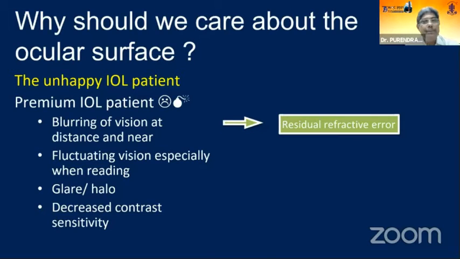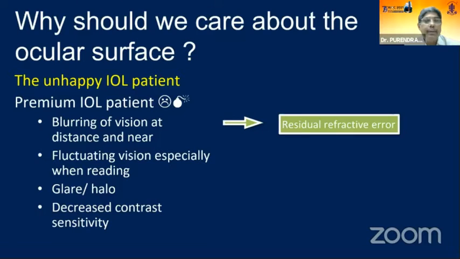And more so, the patients are unhappy because when they are spending more, they expect more. They don't want to have problems post-cataract surgery. They want everything to be uneventful, and like what they were at 20, 30 years of age, they should be able to see that vision. And really we can impart that if we are very careful. So this is what the course and this talk are about.